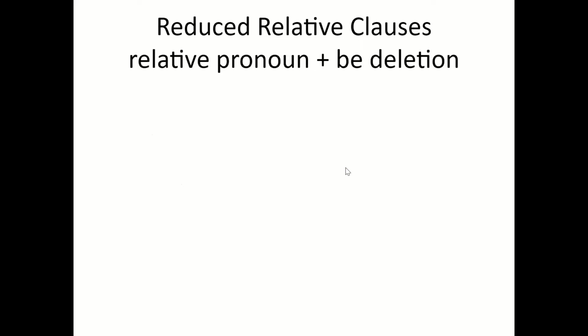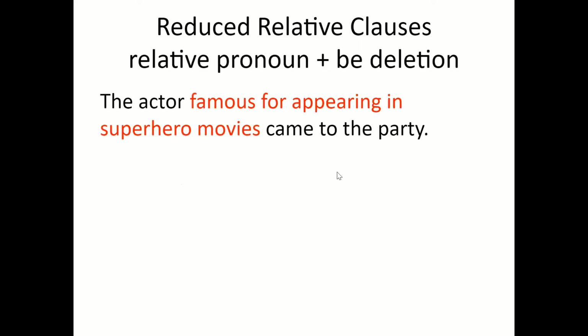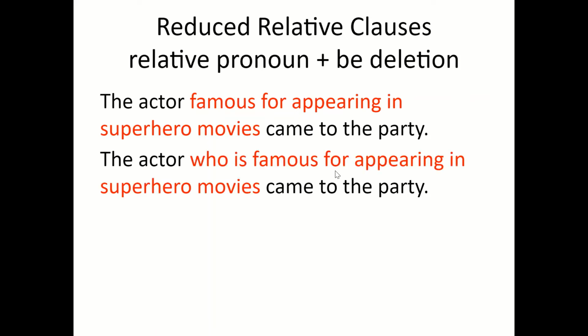And there's one more. The actor famous for appearing in superhero movies came to the party is actually the actor who is famous for appearing in superhero movies came to the party. Another relative clause in disguise.